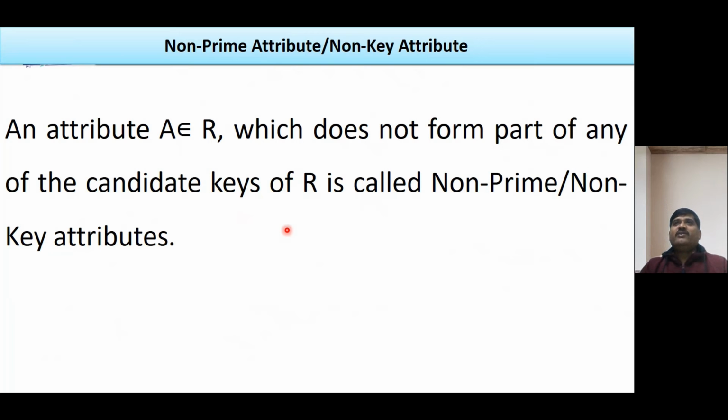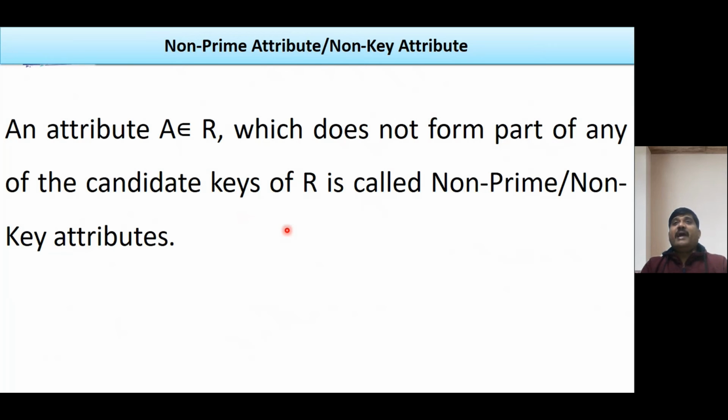If there are two sets of attributes alpha and beta is a subset or equal to alpha, then automatically alpha determines beta. There is no need to check. If two tuples agree on alpha, then they must agree on their beta values. Why? Because beta is a part of alpha.